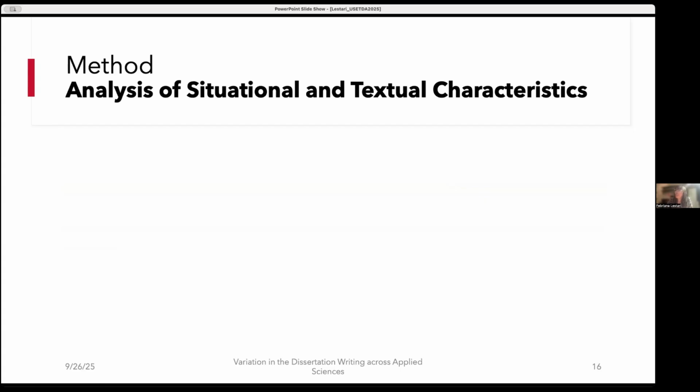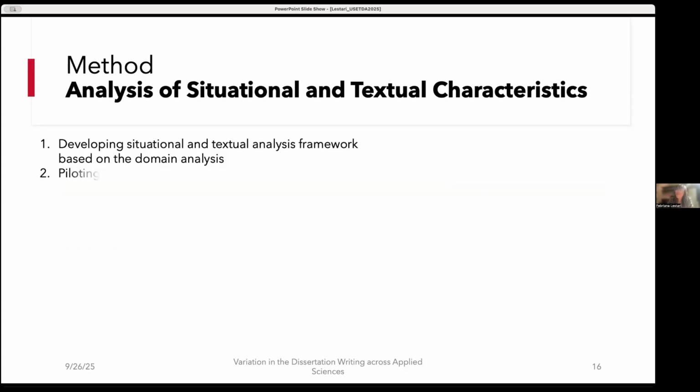Now, for the analysis of situational and textual characteristics, the steps are based on my domain analysis. I developed my own framework that I call situational and textual analysis. I piloted and revised my framework, and then I coded each dissertation text, so 172 dissertation texts.